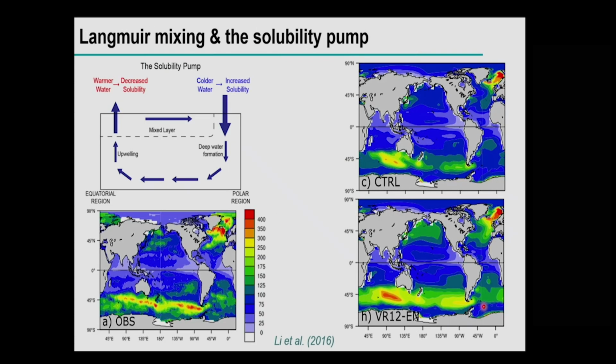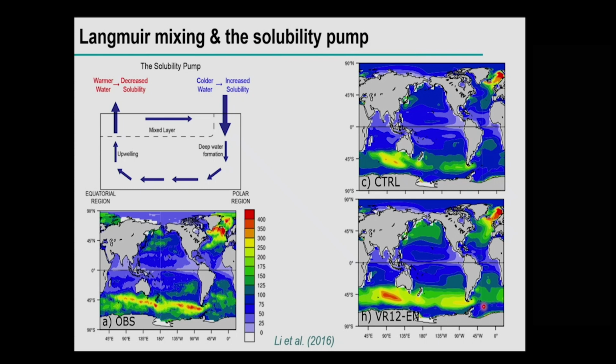However, they are important when you think about the mixed layer depth and the complete carbon pump, because deep water formation and bringing high CO2 water down to deeper depth is going to depend also on the mixing.